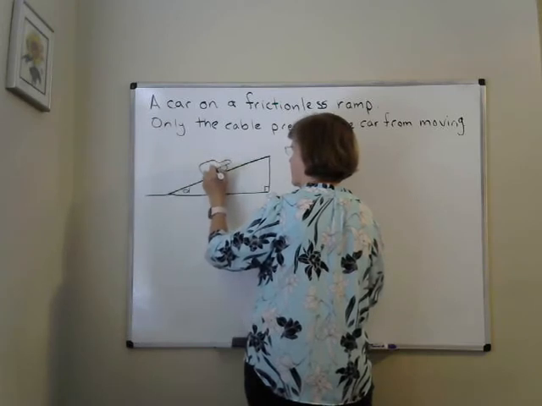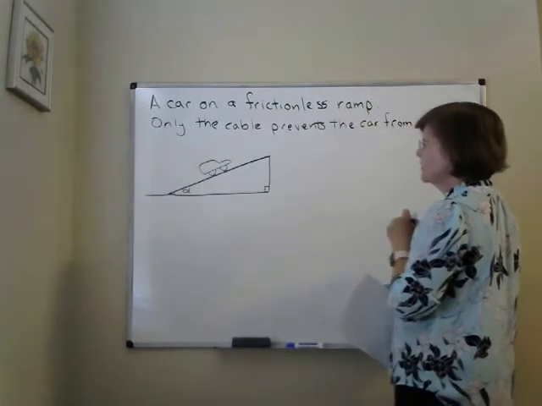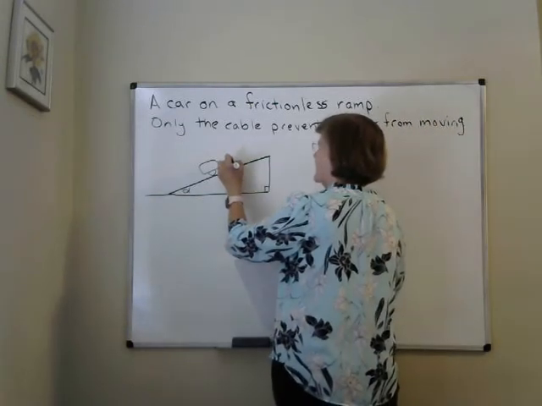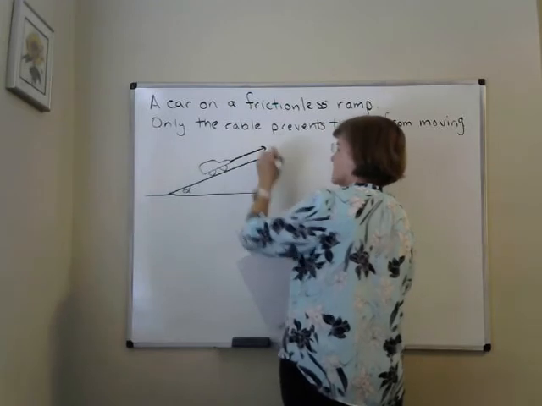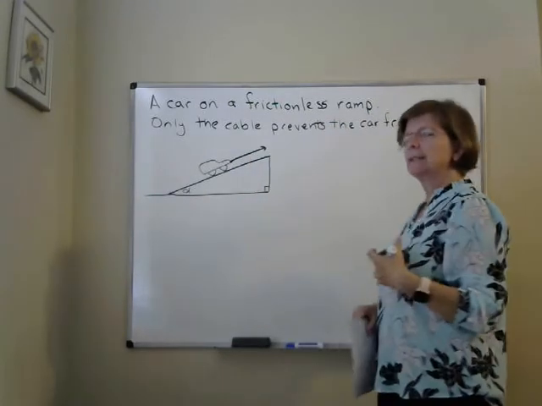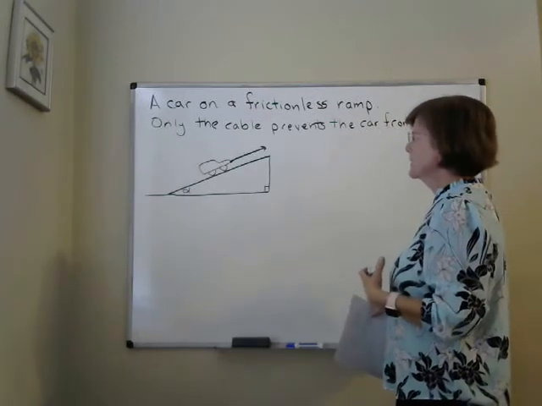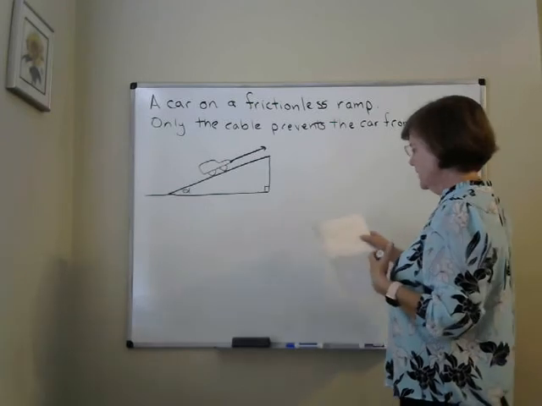It's got big wheels. And normally if it was on a frictionless surface, it would just slide down. But we've got a rope connected here. I don't know what it's connected to, but the tension in that rope keeps the car from moving. Okay? So we have a cable that stops it from sliding downhill.